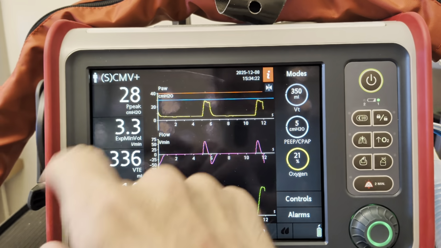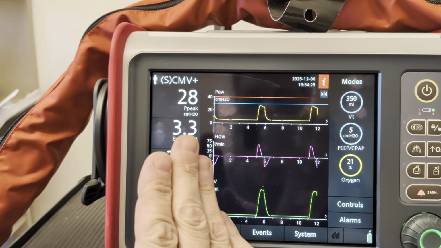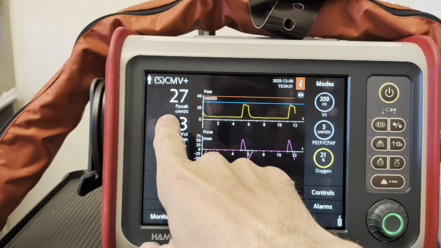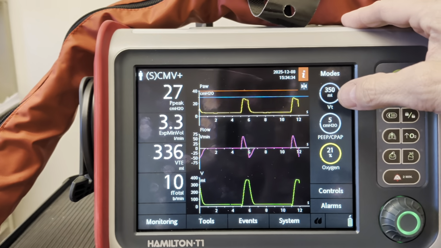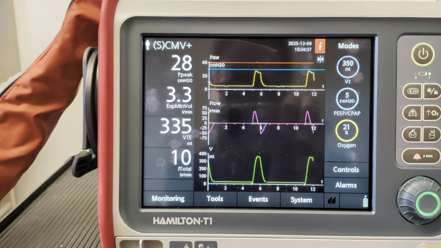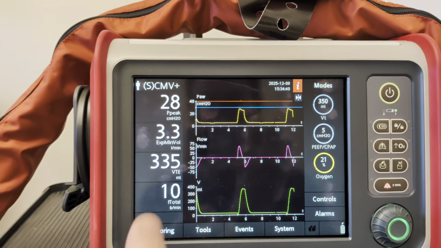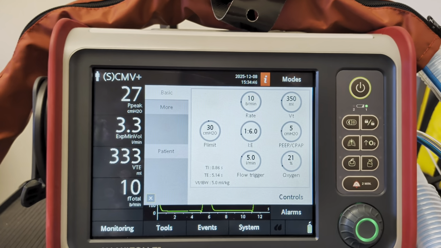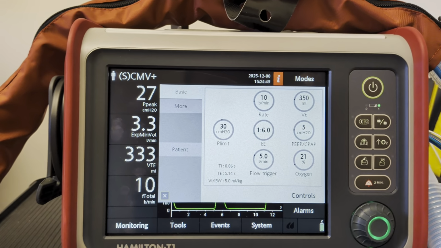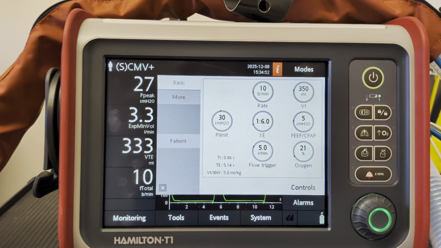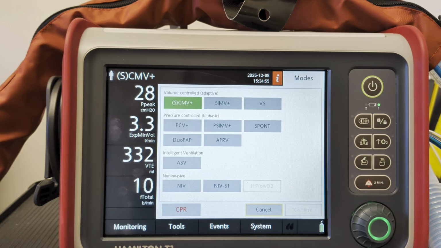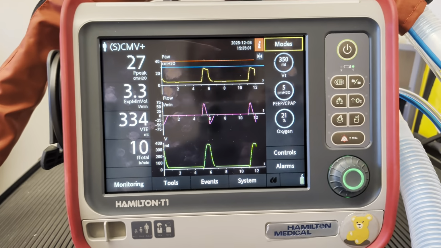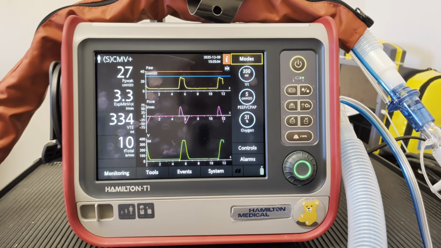Now, in pressure control, volume is the result, so if I can increase my pressure limit and set my pressure control higher, I can increase the tidal volume, and that will increase the mean airway pressure. That is one way of doing it: increasing the volume in volume control ventilation, or increasing the PIP, the peak inspiratory pressure setting, in pressure control ventilation.